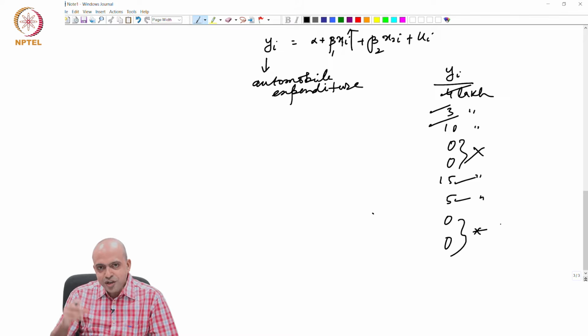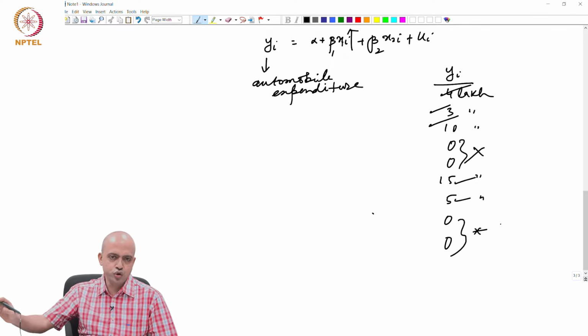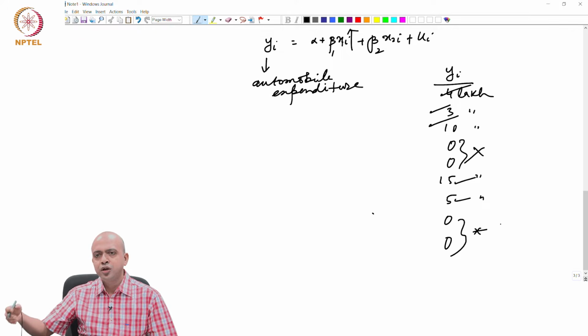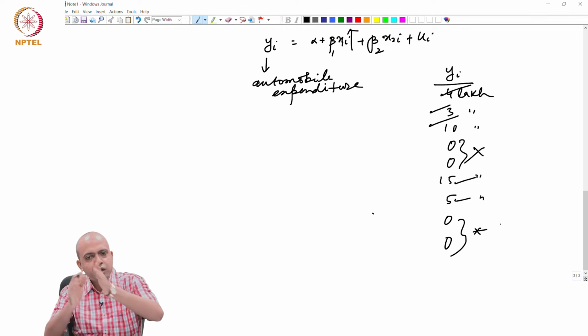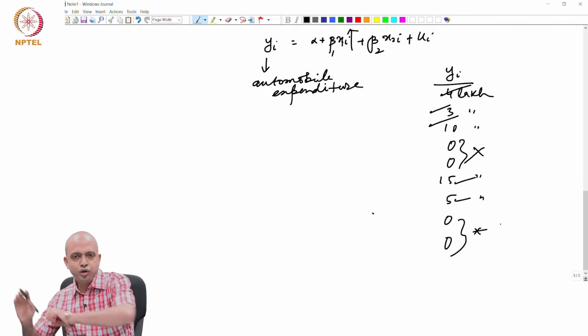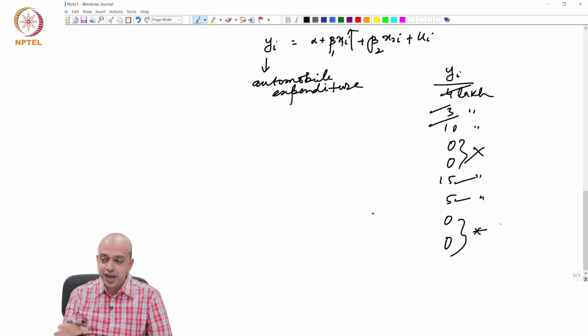So we have limited information on the dependent variable, but we have information for all the households regarding their income, gender, education, and so on and so forth. So we have limited information on the dependent variable, but complete information on the independent variables. This is a case which is called the censored regression model.